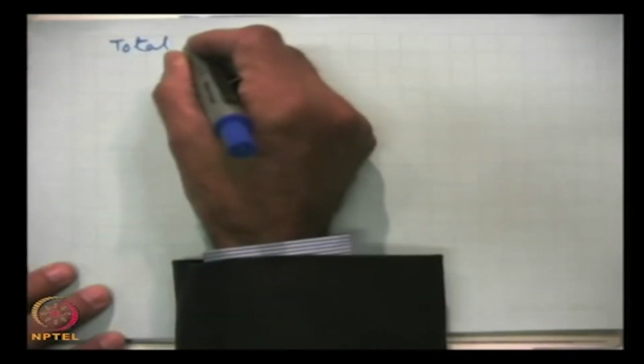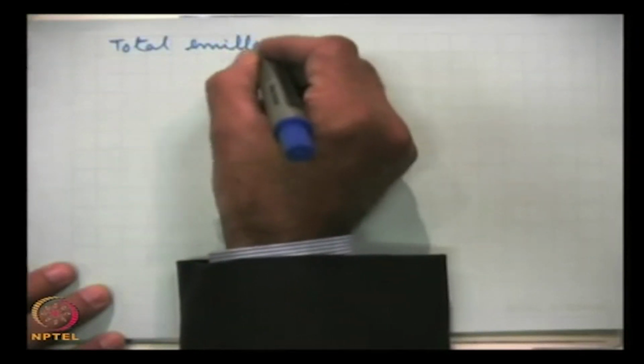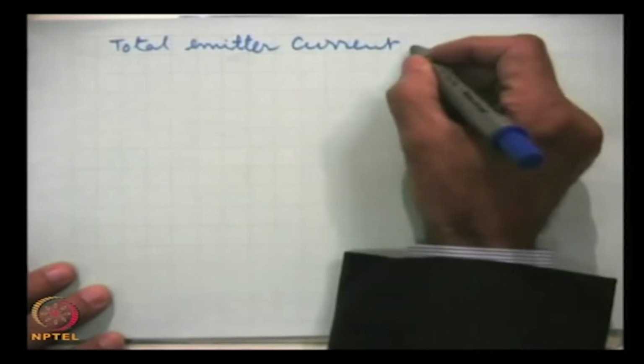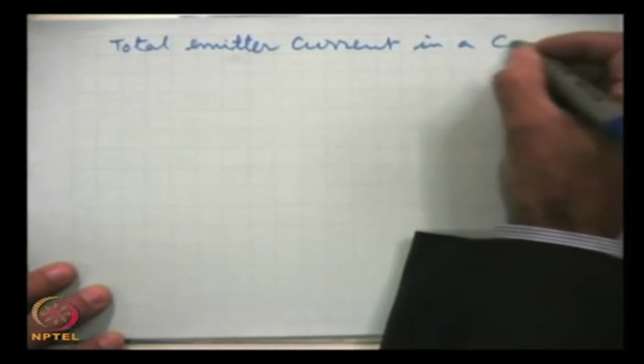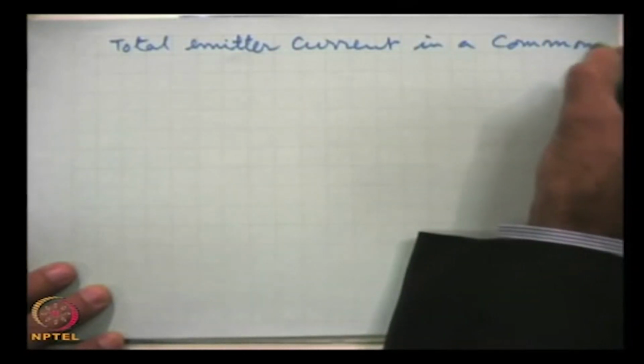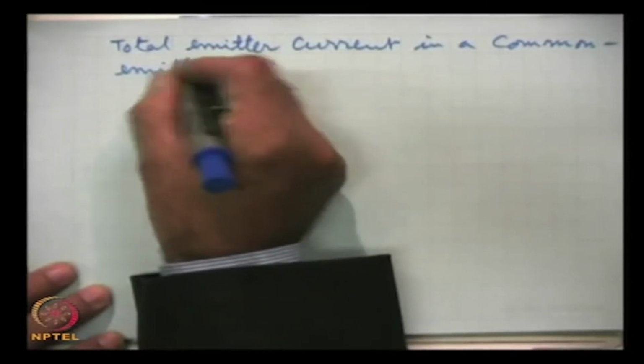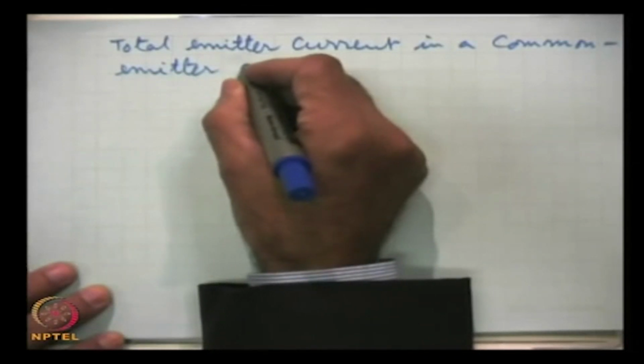So, this is the total emitter current in a common base, common emitter circuit.